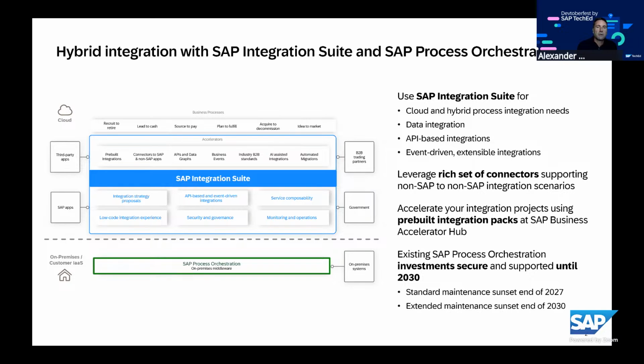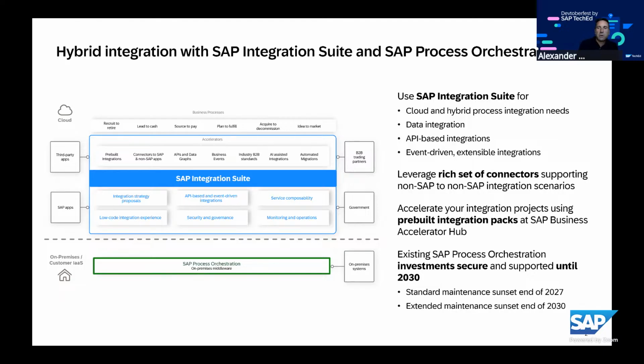You might already have the SAP integration suite in place, where you leverage different integration styles, like process integration, data integration, API-based integration, event-driven integration. You run your cloud to cloud or on-prem to cloud scenarios on integration suite.